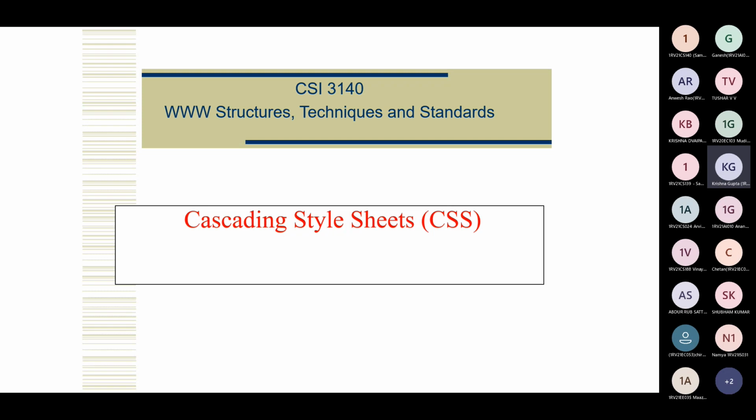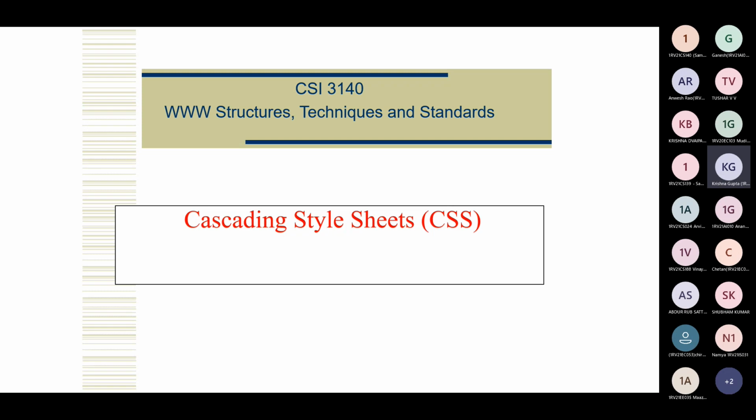In terms of styling, the components in HTML are very limited, but in CSS we get so many other components. So today we are going to start learning CSS, and yes, let's get started.